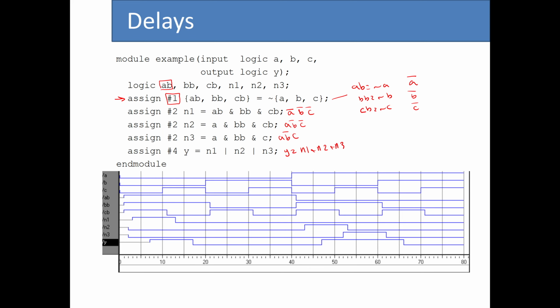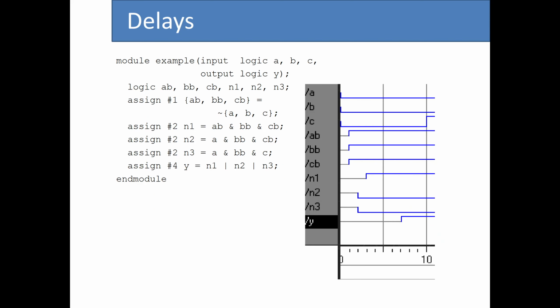So now let's see what we can have when we simulate this function. So at the beginning we provide inputs A, B, and C, and then after 1 unit of delay, the values for AB, BB, and CB are created. So this is pretty straightforward.